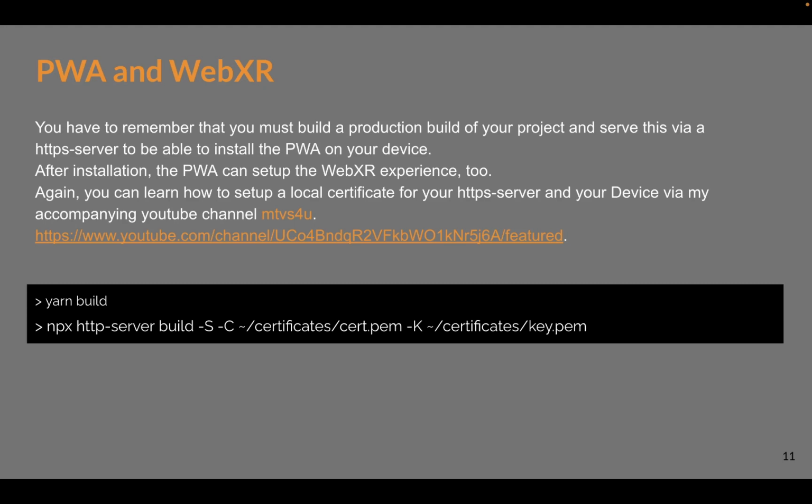This independent hosting fulfills eventually our desire for a decentral infrastructure with the only need of a browser, easily accessible, installable and upgradable. Again, you can learn how to set up a local certificate for your HTTPS server and your device via my accompanying YouTube channel, MTVS4U.